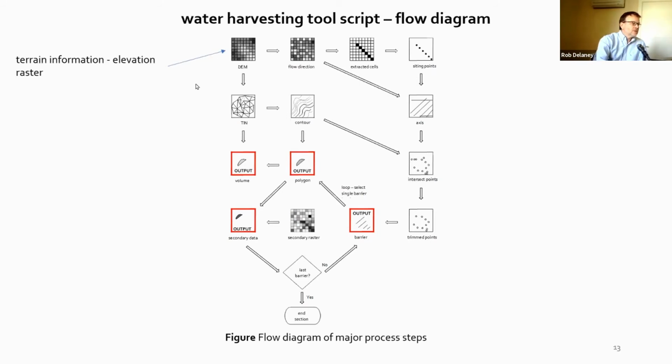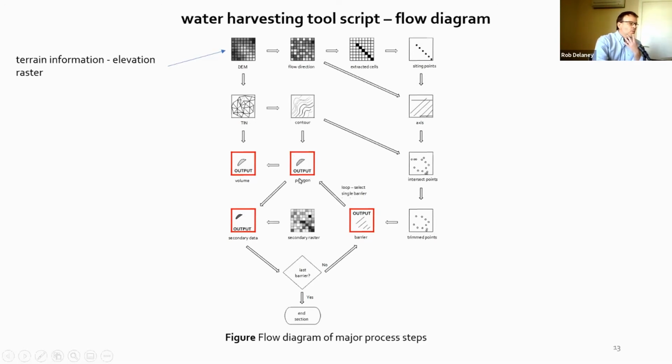And then we can see that the flow direction is found from the elevation model, and cells are extracted, and sighting points are created, and then we can create the access points, the intersect points.